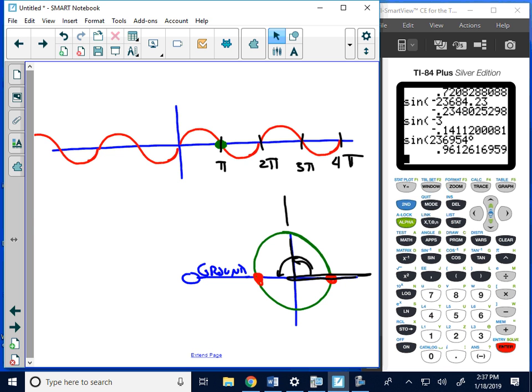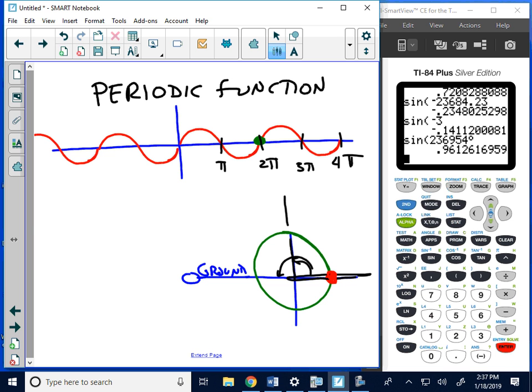So we travel around again. Now we've got one full rotation, and that gets us all the way back to there. And then after that, this graph just keeps repeating. This is the period. This is the whole idea. This is a periodic function.